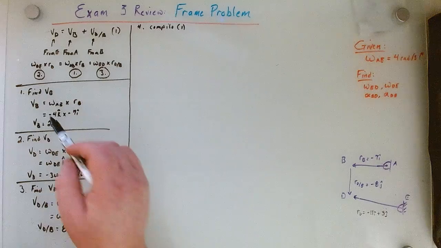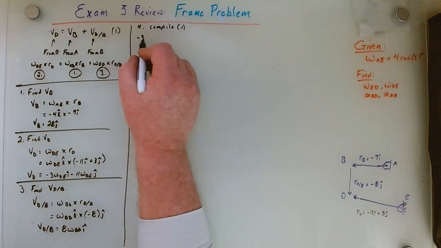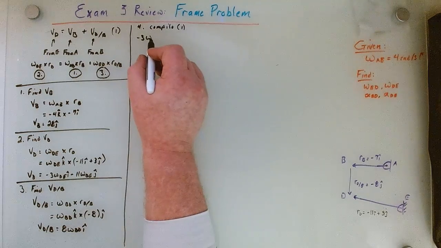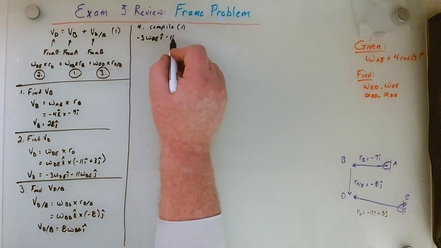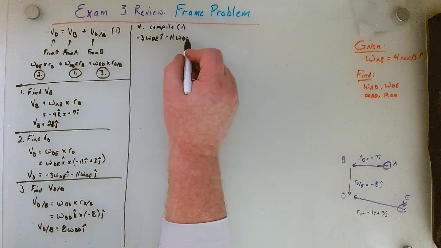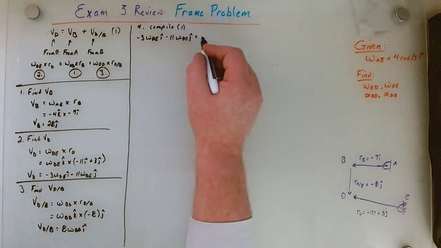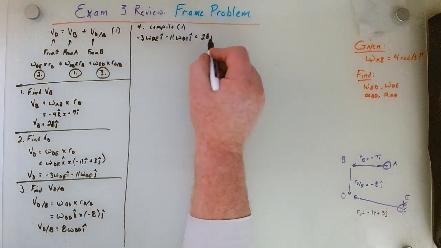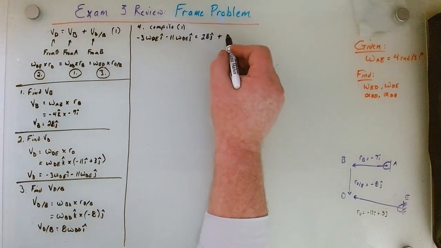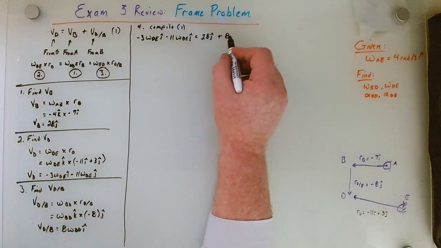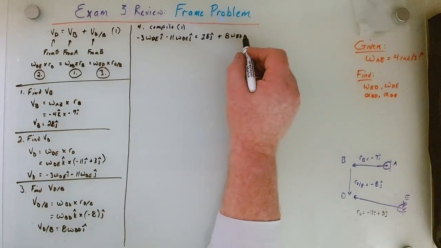So number 2 is this: minus 3 omega dE in the I direction minus 11 omega dE in the j direction equals 28j plus 8 omega BD in the I direction.